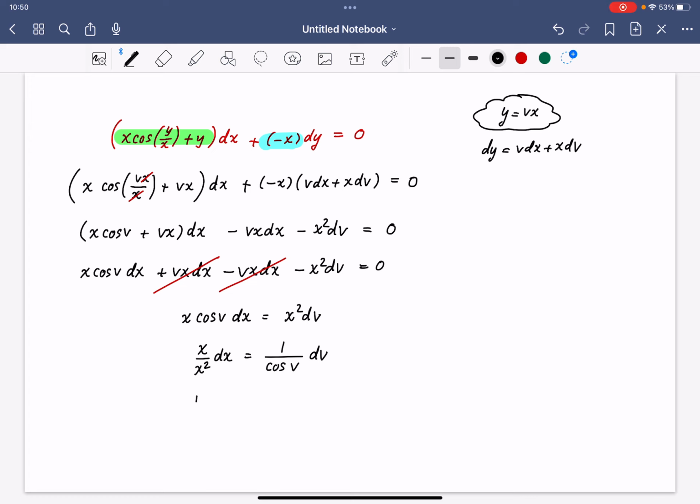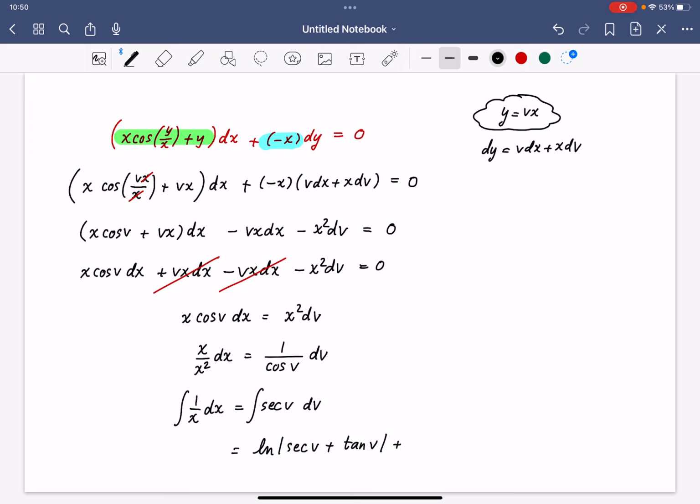Then you integrate it: 1 over x dx and sec v dv. Because you're integrating sec, you need a formula. It's going to be log of sec and tan: log of sec v plus tan v.